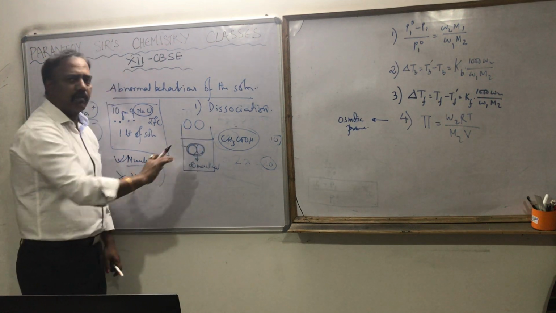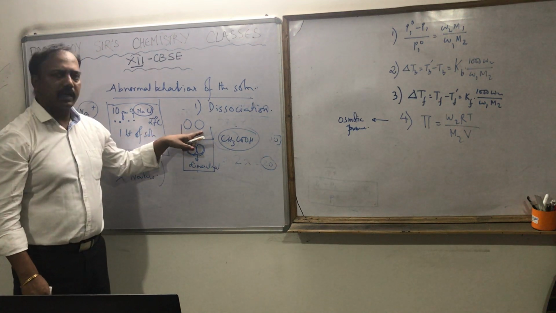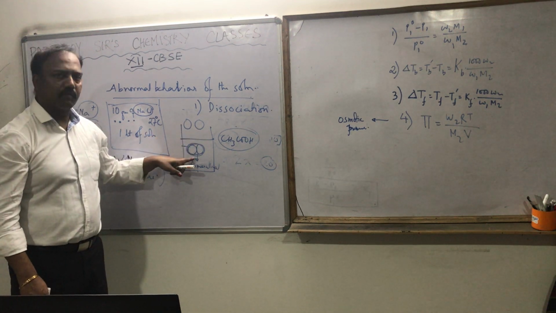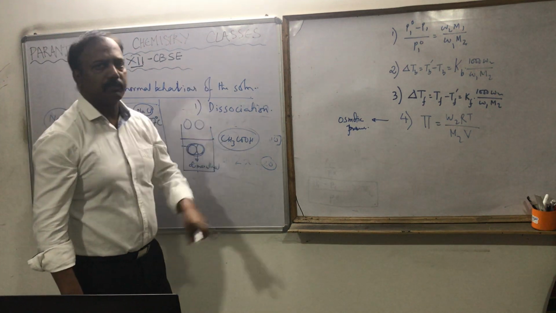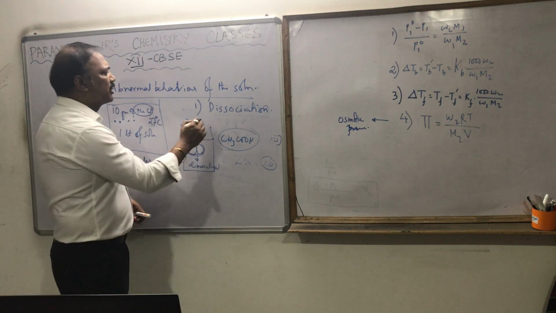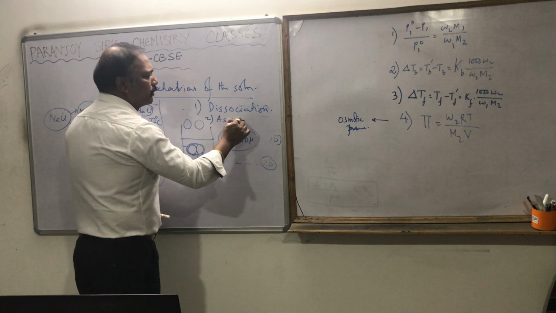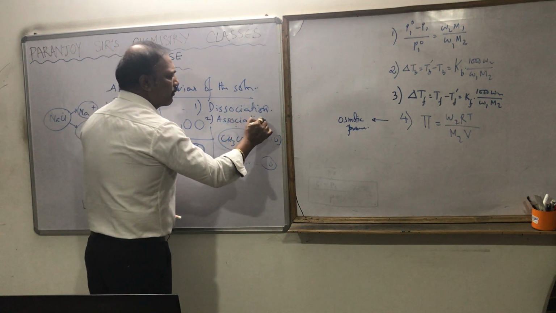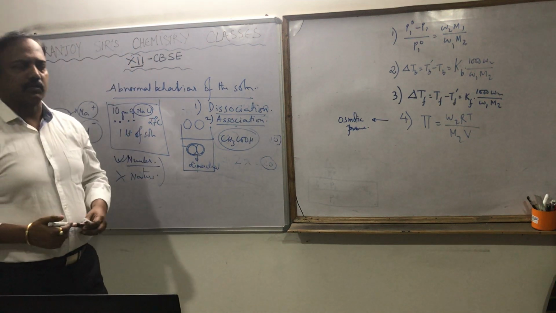So it is undergoing association. We are calculating theoretically for 2 particles, but practically we are getting for 1 particle. In this particular case, the colligative property value will decrease. And this decrease is due to what? Due to association. So the abnormality is because of dissociation and association.